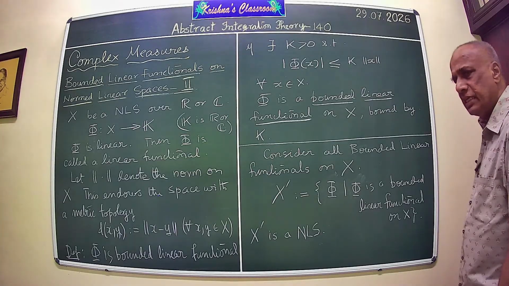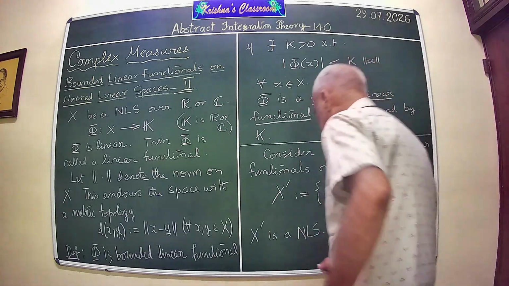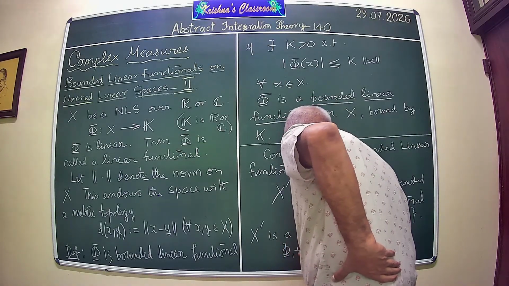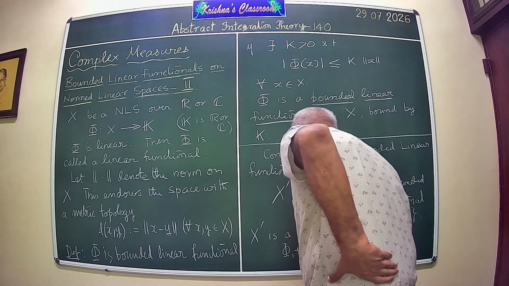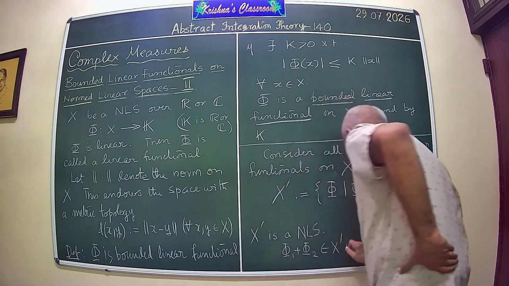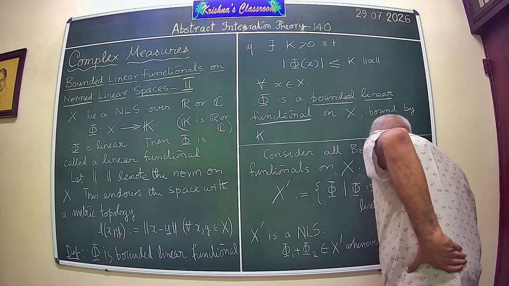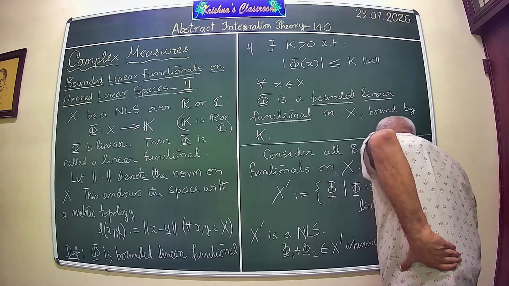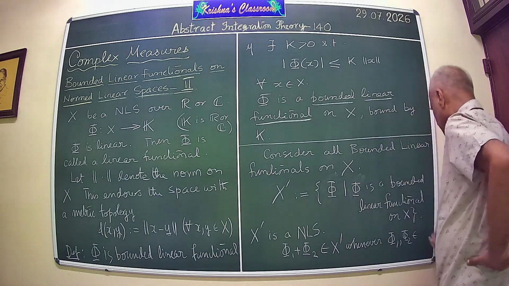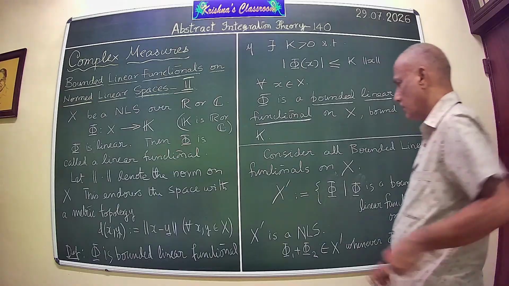First of all, it's a linear space. Why is it a linear space? You see that phi 1 plus phi 2 belongs to X prime.